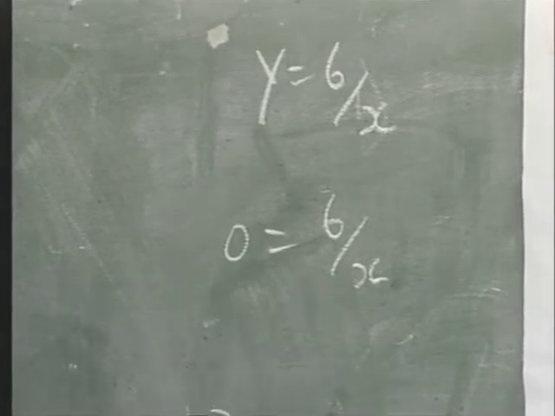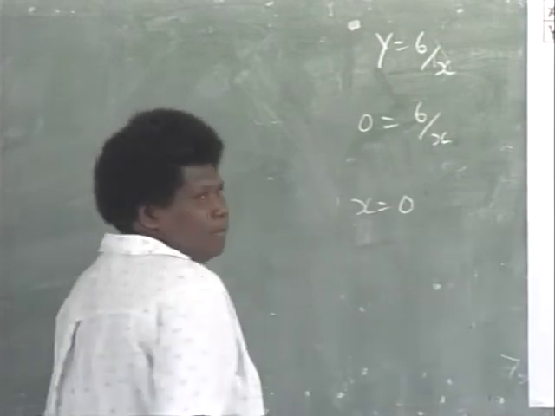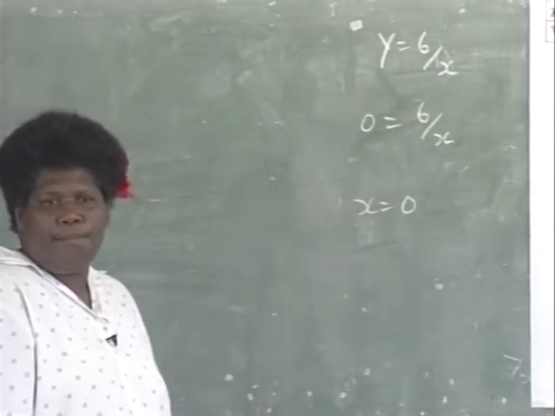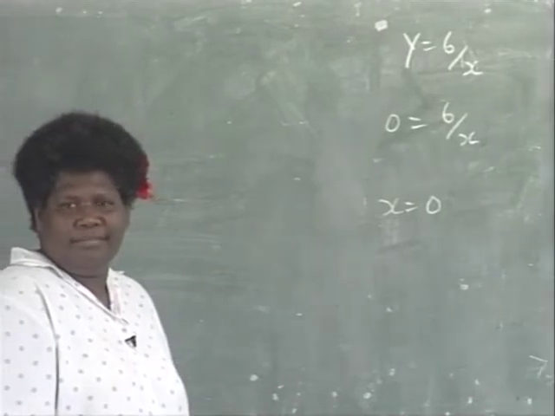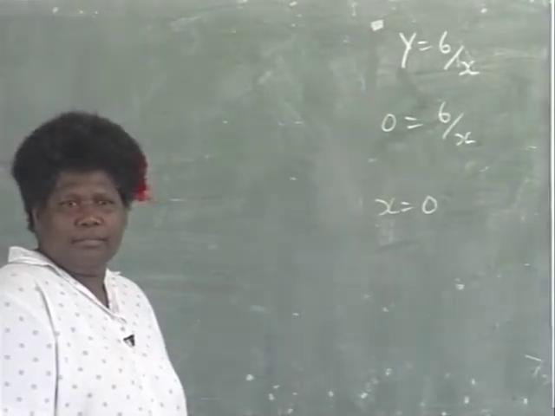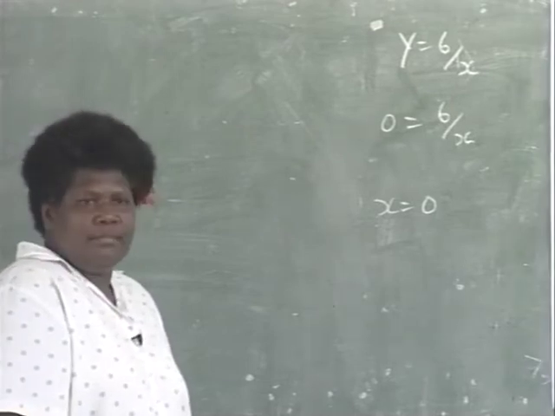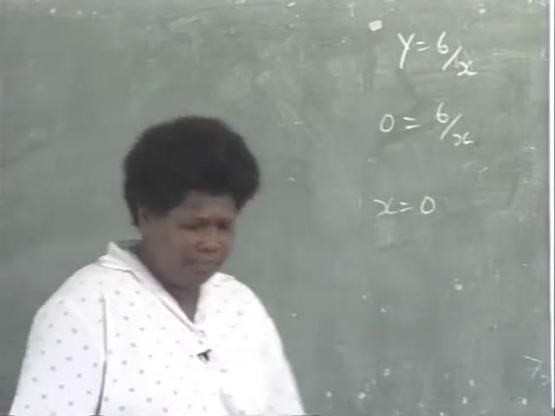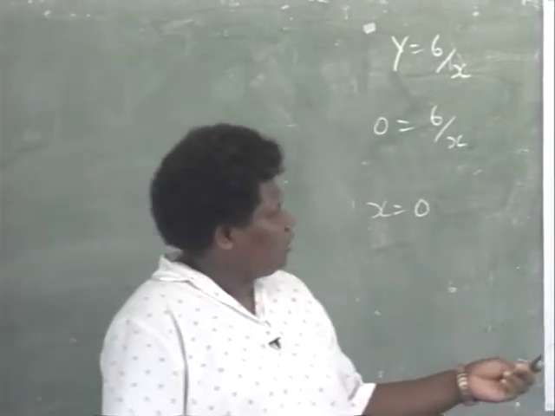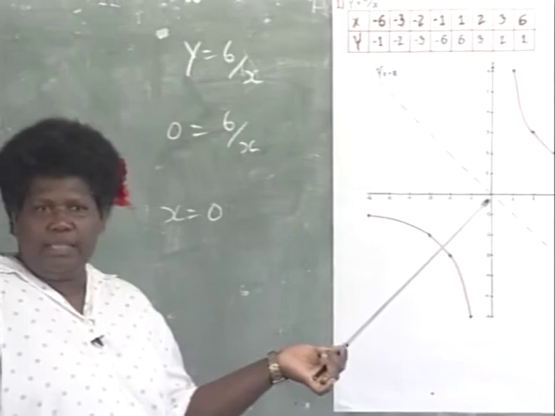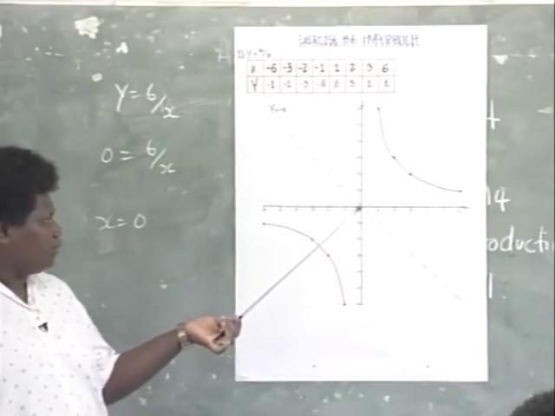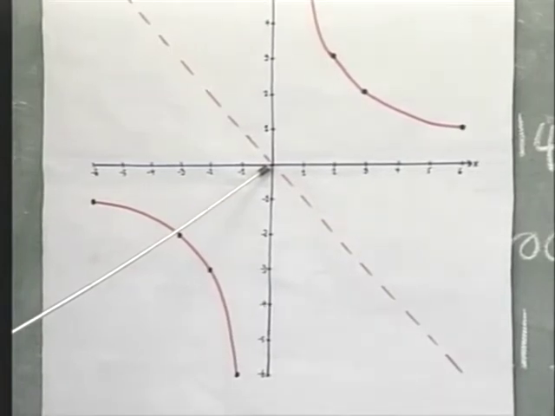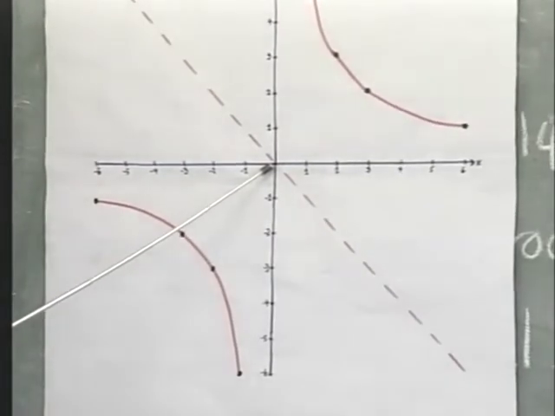You're telling me x equals 0 when y is equal to 0. Then why haven't we got it on the graph? If you're telling me x equals 0 when y is equal to 0, then it's this point. The graph is supposed to pass through this point if what you're telling me is true.